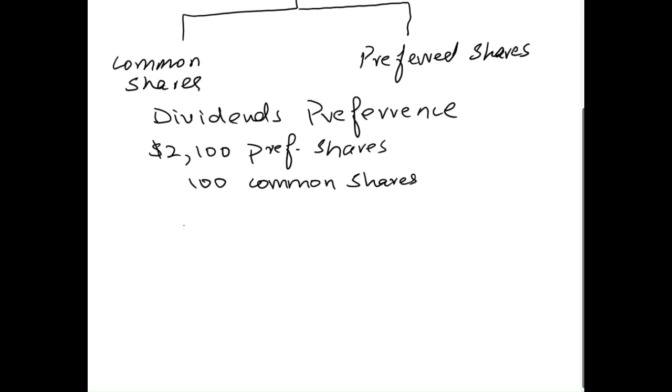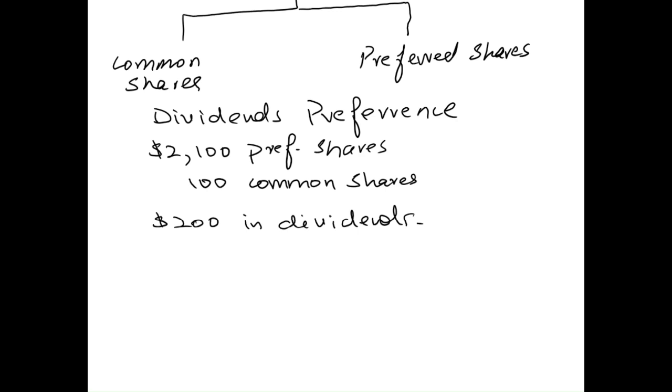And then the company declares a total of $200 in dividends. The company says, here's $200 that we are going to distribute to our shareholders. That is the full amount, $200.